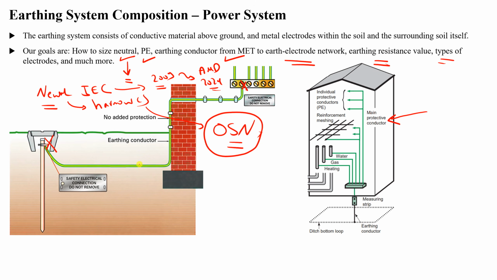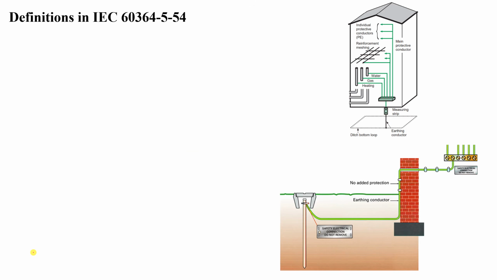All of this will be discussed in detail. Now, since we are going to discuss this, let's explain some definitions inside IEC 60364-5-54. This one contains some definitions or terminologies about the earthing systems.